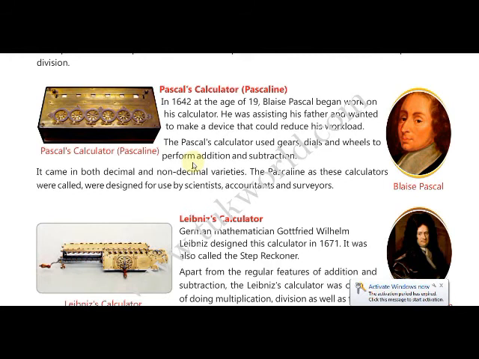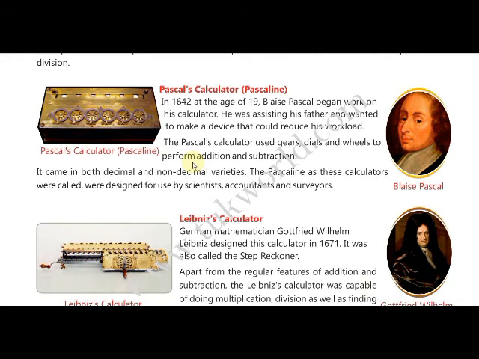He invented this calculating machine to reduce his father's workload, and for that he used gears, dials, and wheels to perform addition and subtraction. So this is called Pascal line or Pascal's calculator.